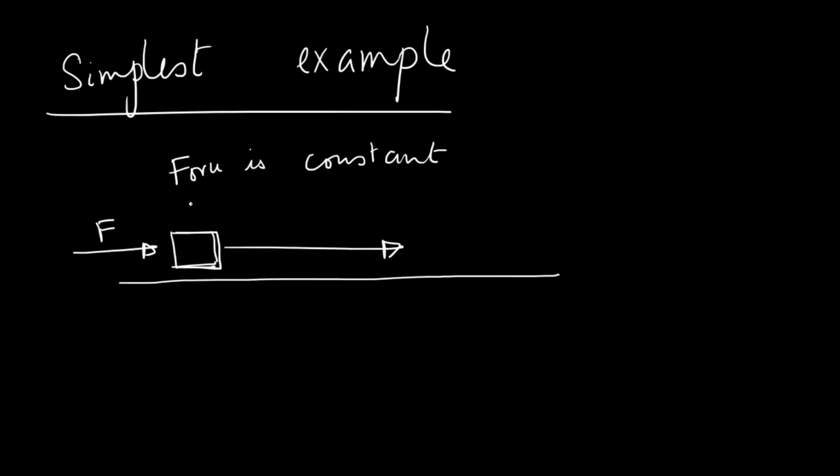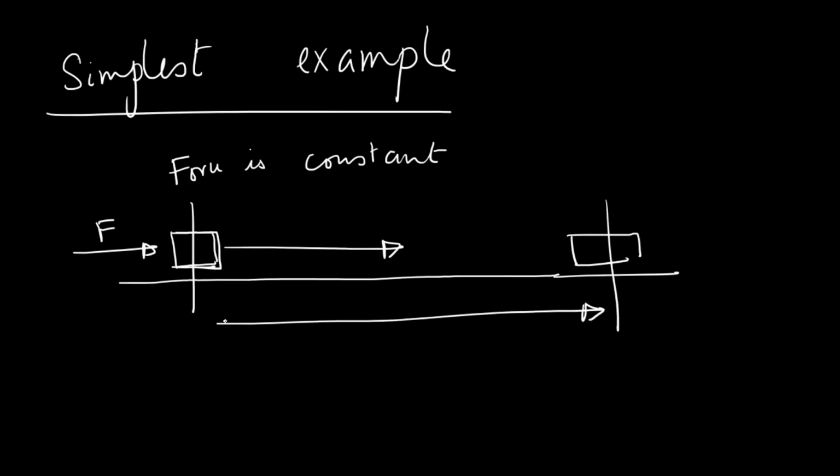Now we know that when it goes by a distance s, v square minus u square is equal to 2as.